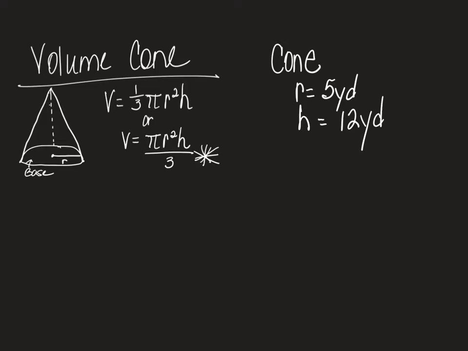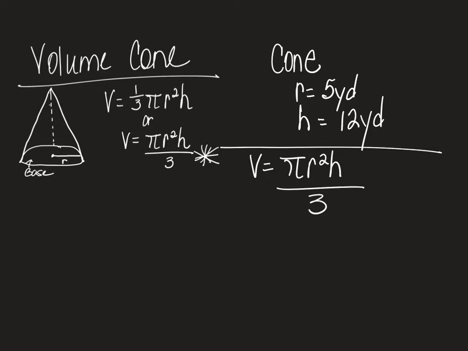I have a cone that has a radius of 5 yards and a height of 12 yards. So write this down with me as I work through this, so you'll have this example in your notes, okay? Now, I'm going to write my formula, as always. Volume equals pi times radius squared times the height divided by 3. Step 2.